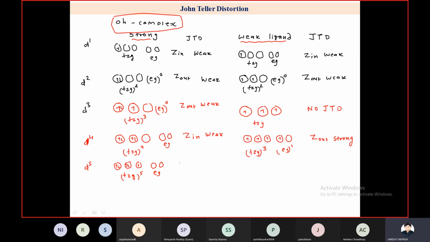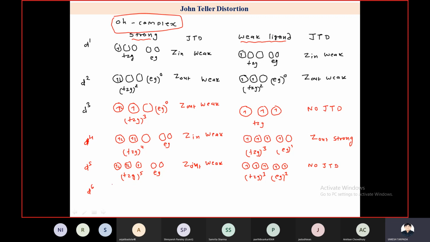So you have a Z out, sorry, and it is weak Jahn-Teller. What about a high spin complex? 0, because none of our orbitals is unsymmetrical. So both orbitals are symmetrically filled. It is T2G3 and EG2. So you have no Jahn-Teller distortion.